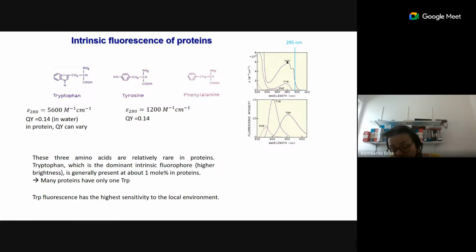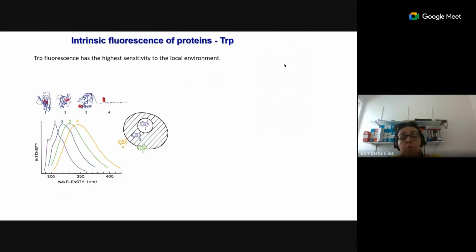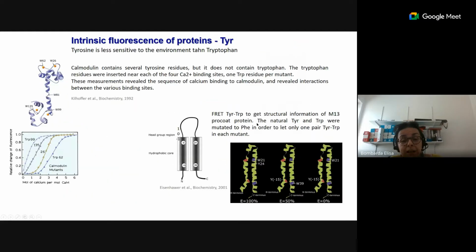And so we can have a FRET probe, a natural FRET probe in our protein. We can have it, or we can put it in by specific mutation.